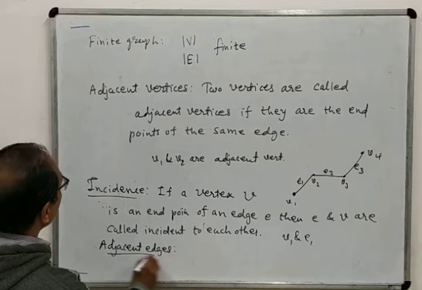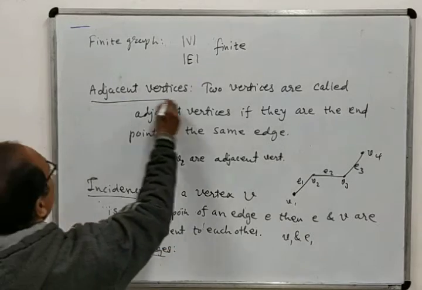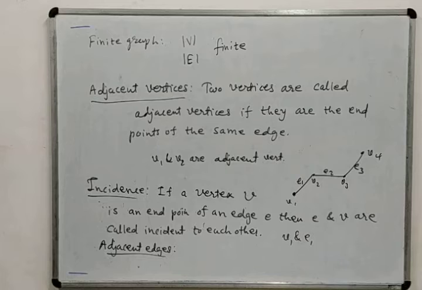Adjacent edges. Here you can see that we have defined adjacent vertices. Adjacent vertices means the endpoints of an edge are known as adjacent vertices. But here we want to define adjacent edges.